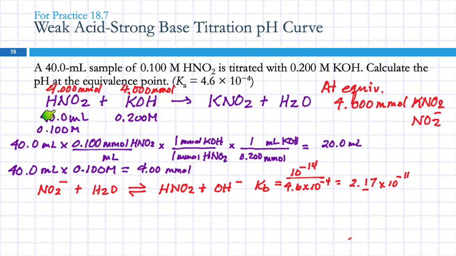So up here, we were thinking about stoichiometry and moles reacting. When we're doing an equilibrium calculation, we need molarity, right? So we've got 4 millimoles of this in a total of how much? What's the total volume there? 20 plus 40, or 60 milliliters.